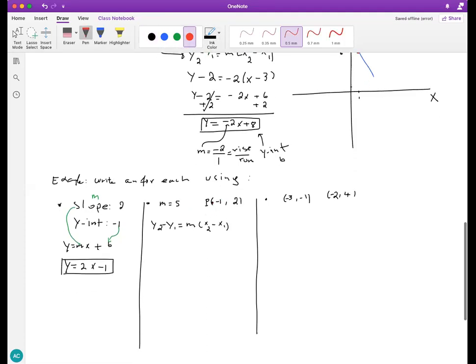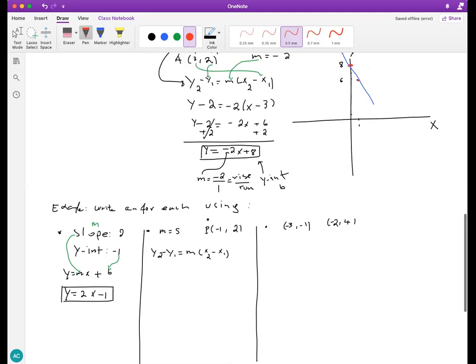And again, your point here. So we have m, the point, label it x1, y1. This is, of course, the m. There's only one m here. So let's plug all that into the equation. So the m goes here, x1 goes here, and y1 goes here.